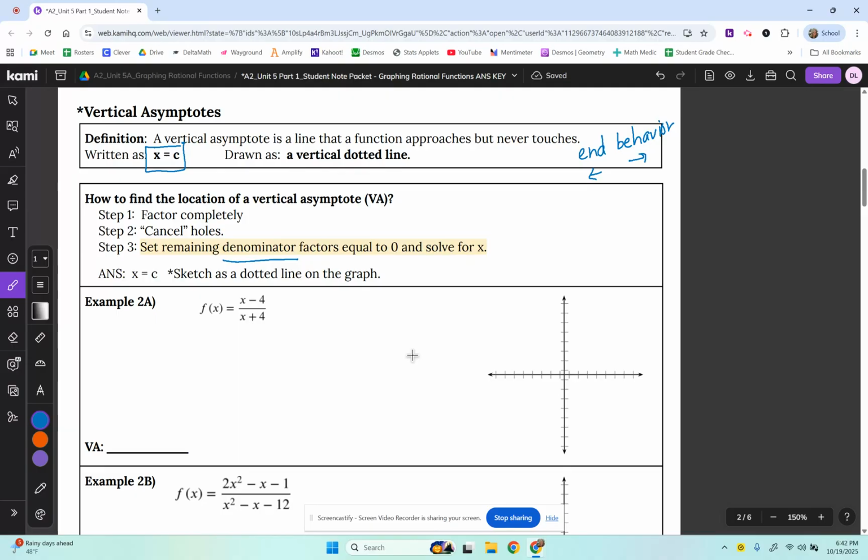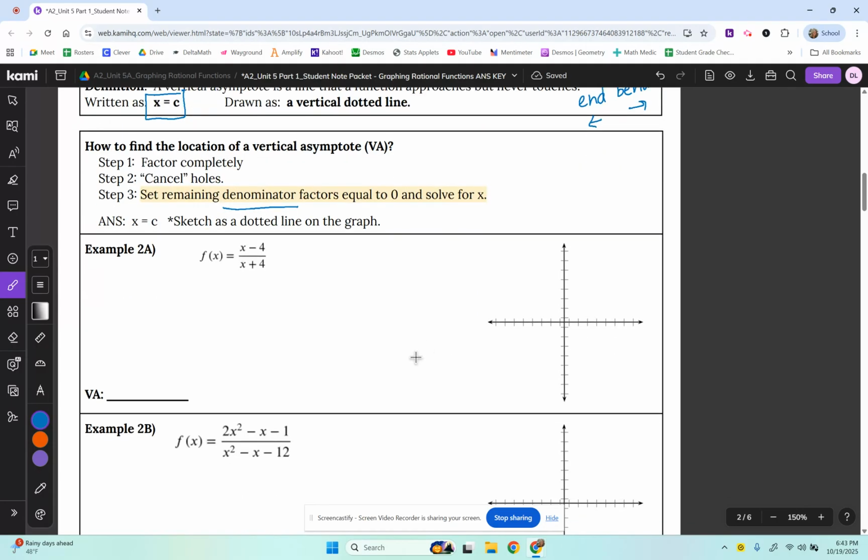Just a reminder, if you have an asymptote, you're going to write it as an equation, x equals, and you're going to sketch it as a dotted line. I like to make my dotted lines yellow, orange, pink, in that color family. It makes it easy for me to see the difference between my graphs and my asymptotes, especially for graphing inequalities where you have a less than with a dotted line. It's easier to keep them straight and not get them confused.